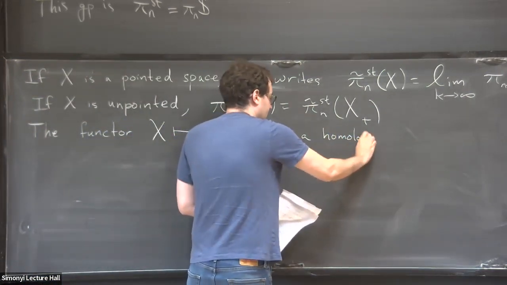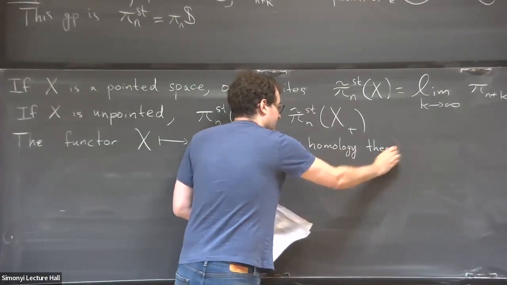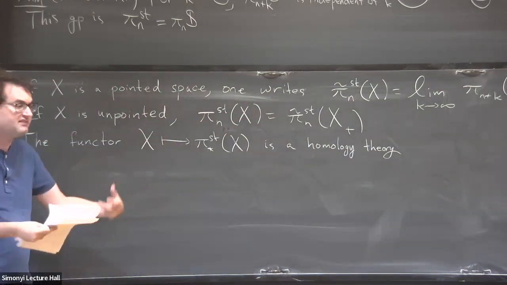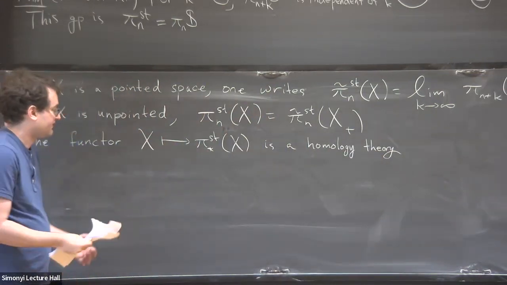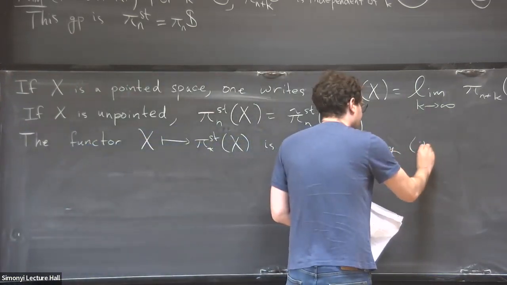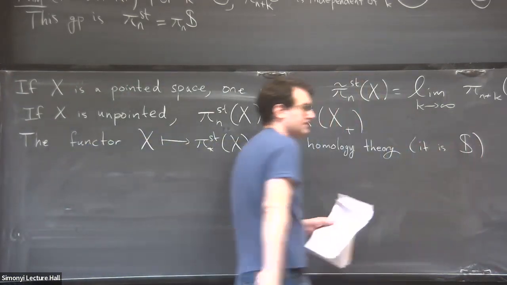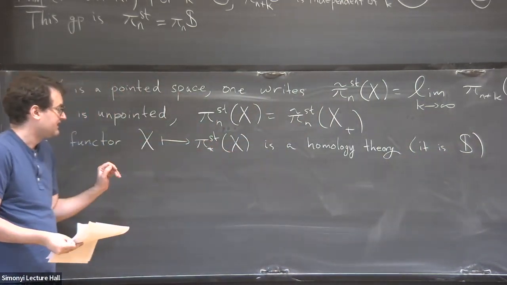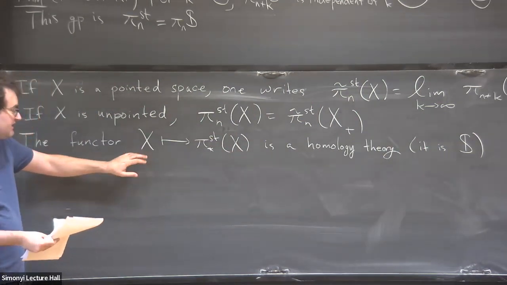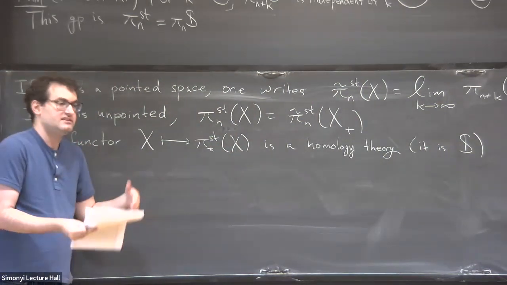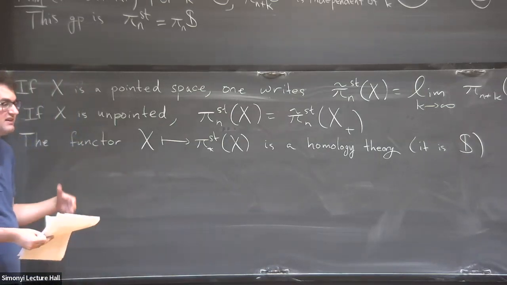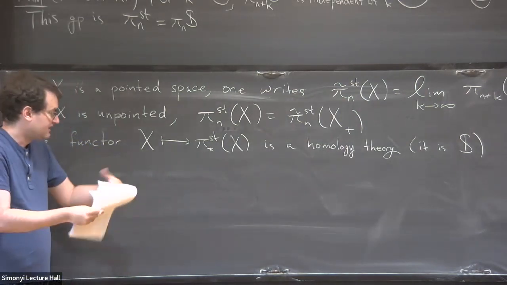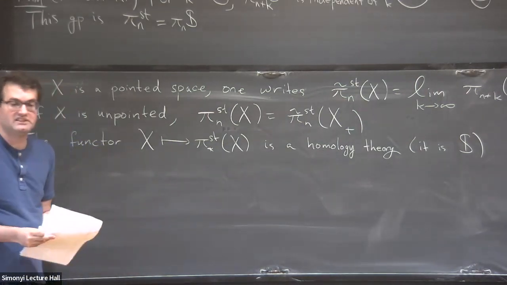As Jared mentioned, all spectra are essentially the same thing as homology theories. So this is this homology theory called the sphere spectrum. It measures stable homotopy groups. And I want to just point out that it is a homology theory in the sense that you can use Mayer-Vietoris, you can use excision, you can use various familiar operations to understand the stable homotopy of the space in terms of the stable homotopy of some kind of decomposition of that space.